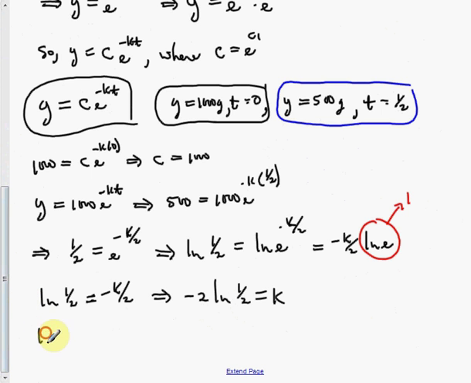So k is equal to negative 2 times the natural log of 2 to the negative first power. This implies that k is equal to the natural log of 2 to the negative first power, with the negative 2 becoming the power, so this is raised to the negative 2.